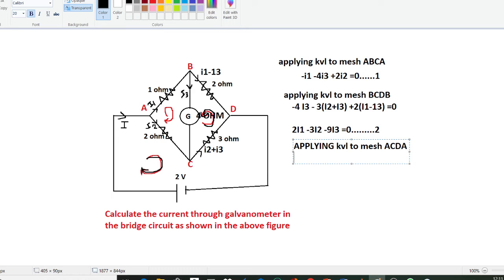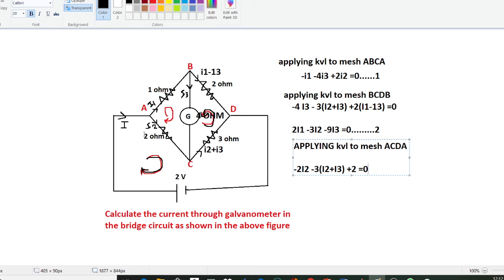On applying KVL we can write the equation: minus 2 I2, and again minus 3 into I2 plus I3, and plus 2 volts, so plus 2 equals 0.